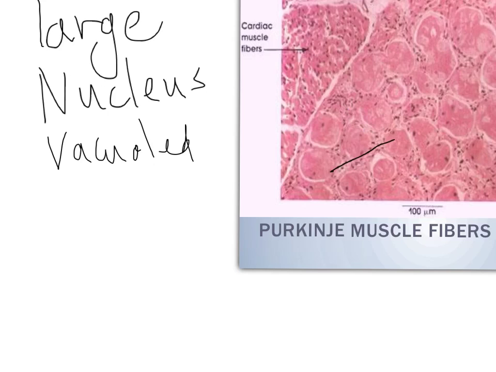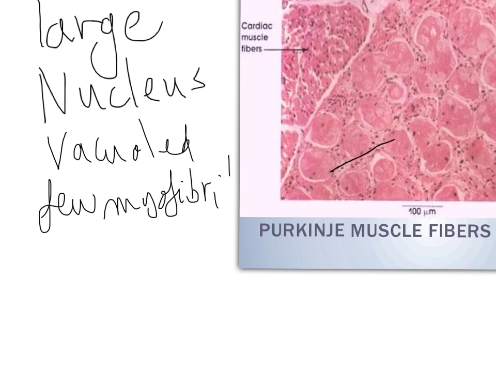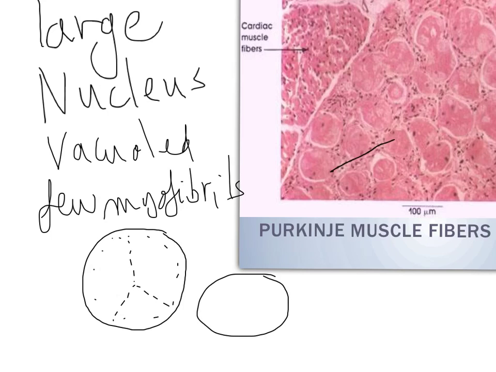Actually here also we have a very specific character, which is the presence of very few myofibrils. And actually these myofibrils most probably have a specific arrangement. They are very few at the periphery, and in the center they almost always take the Mercedes mark, or this picture also.